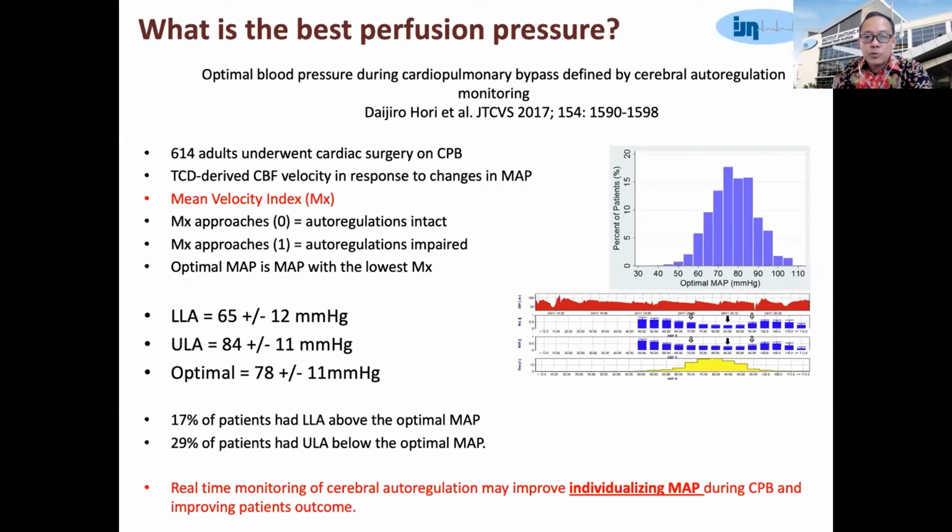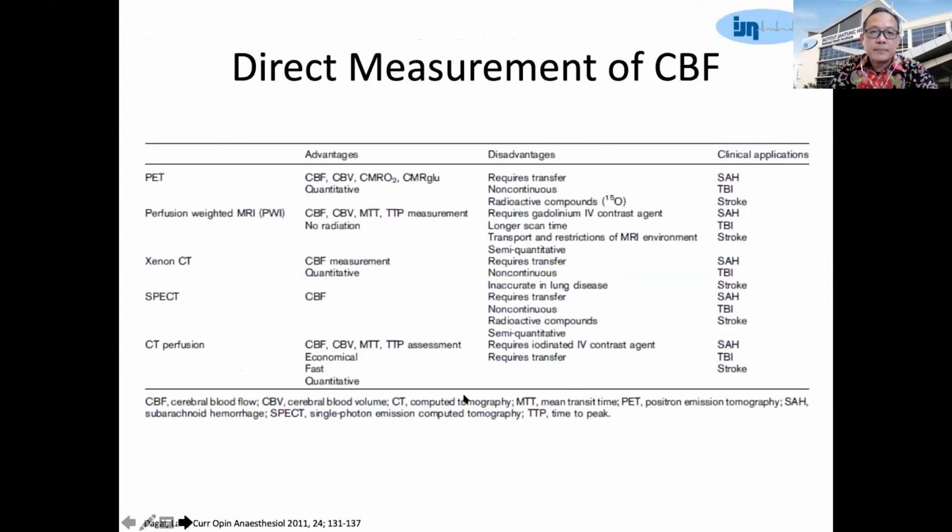Therefore, if we were to run our perfusion pressure at 78 as recommended by Daijiro Hori, we risk 50% of our patients being either below the lower limit of autoregulation or above the upper limit of autoregulation. He concluded that real-time monitoring of cerebral autoregulation may improve individualizing mean arterial pressure during cardiopulmonary bypass, and then improve patients' outcome.